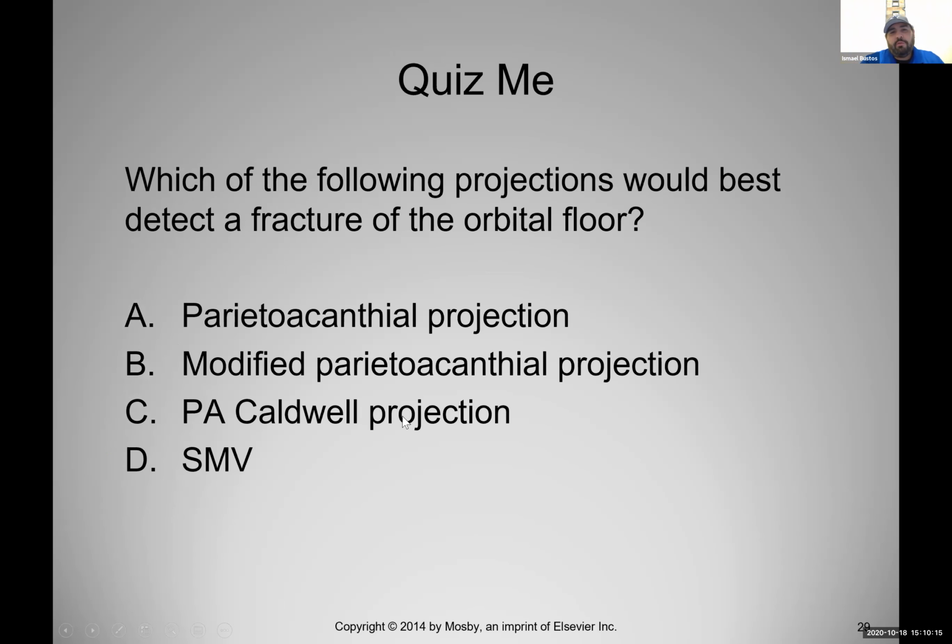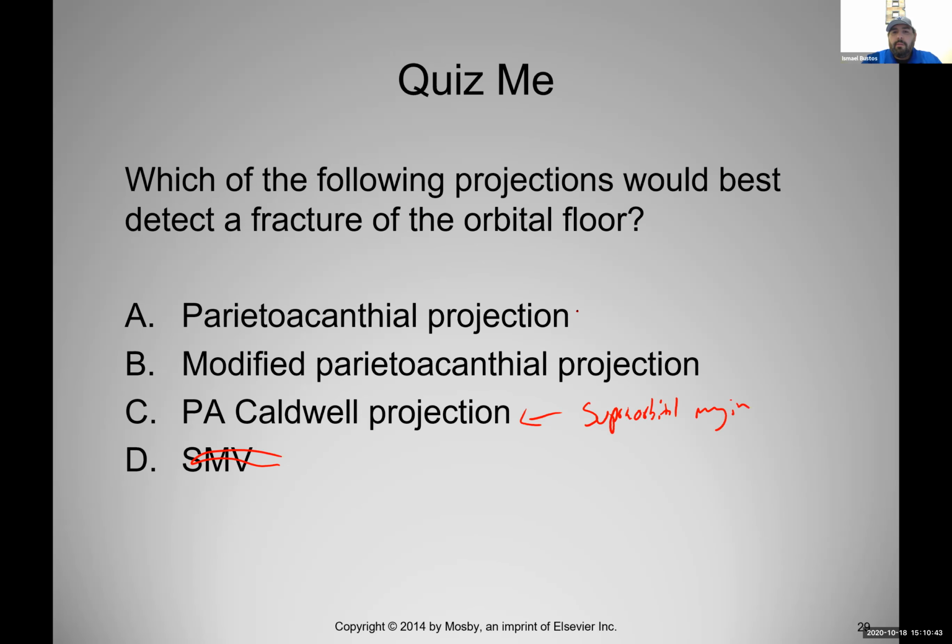Which of the following projections would best detect a fracture of the orbital floor? Orbital floor. Okay, so again, we're looking for which is going to best show the infraorbital margin. All right, SMV, we didn't even talk about that in orbit, so that's out. PA Caldwell best shows the supraorbital margin.